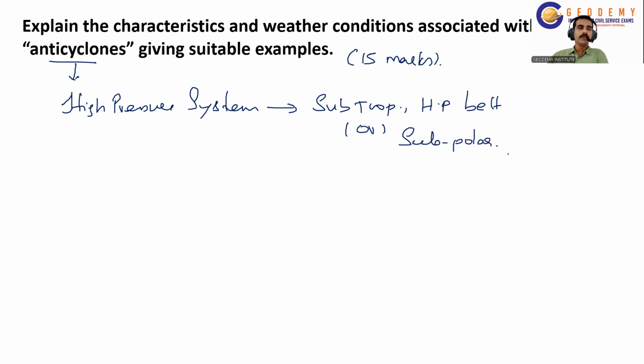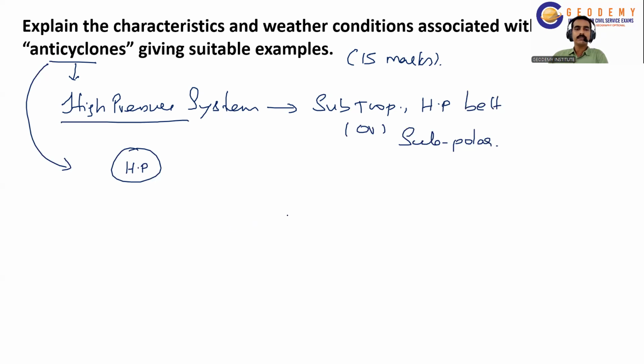Just opposite to the conditions of cyclones. We know in the cyclones, the low pressure will be in the center, but here in the anticyclones, the high pressure will be in the center. Now we have to explain the characteristics and weather conditions.